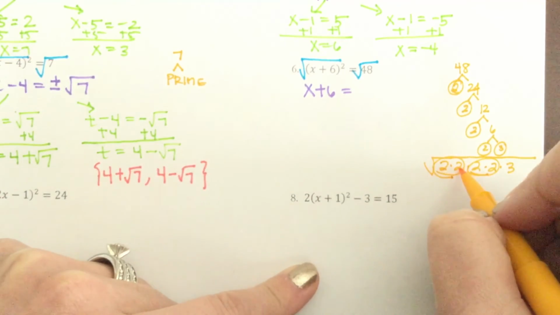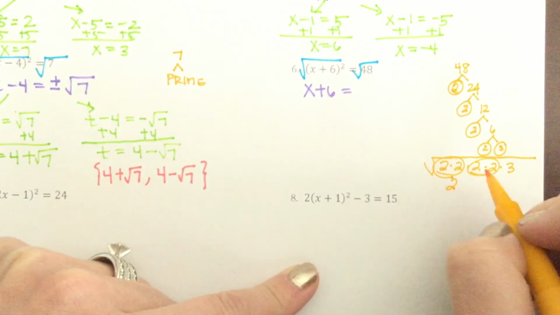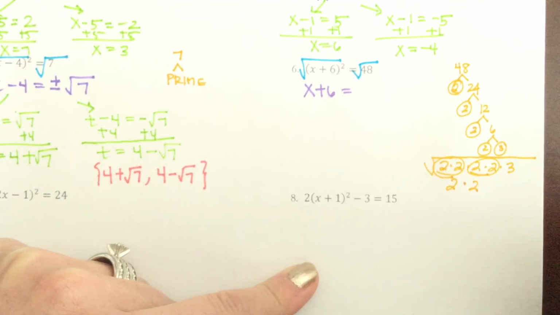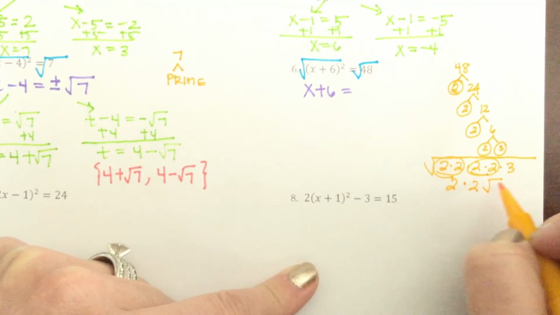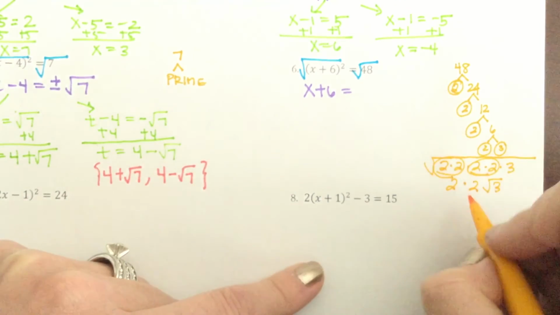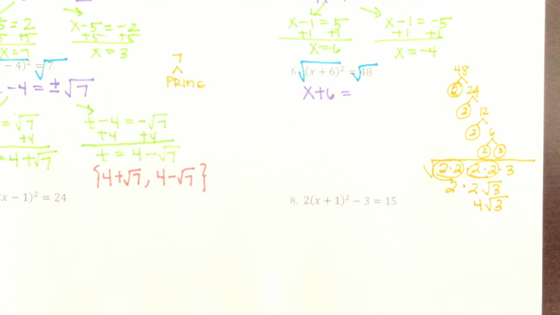So 2 times 2 is 4, but we're taking the square root of that, so that's a 2. Here, 2 times 2 is 4, but we're taking the square root of that, so that is also a 2. And then here, we do not have a partner to go with that 3, so we're going to leave it. So it looks like the square root of 48 can be reduced to 4 square roots of 3.